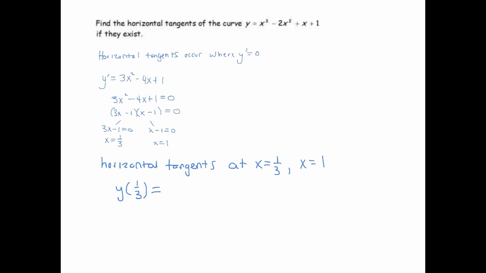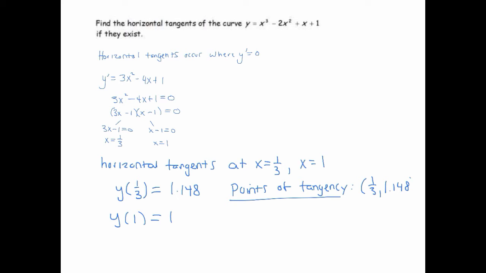It's about equal to 1.148, and y of 1, which we could probably do out by hand, is actually 1. So we can say our points of tangency are a third, comma 1.148, and at 1, comma 1.